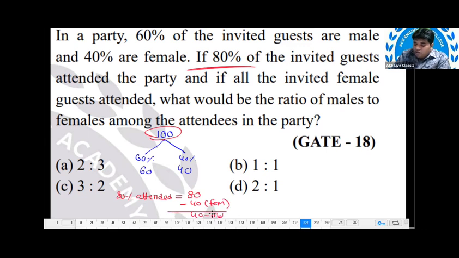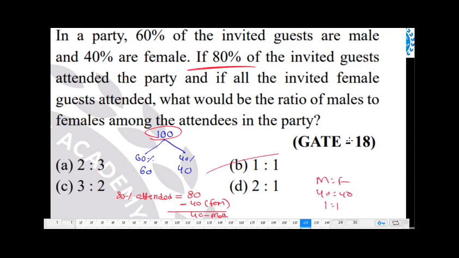That is male. So male female ratio, male 40 members, female 40 members.